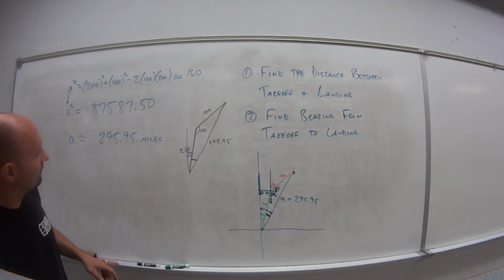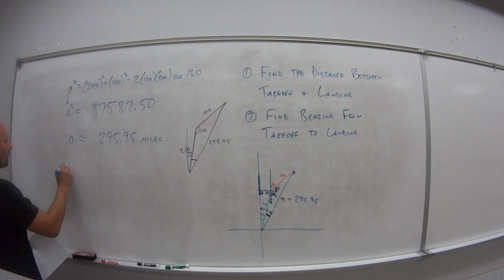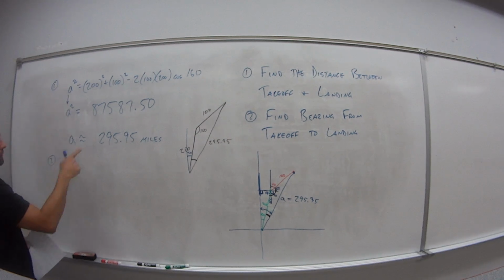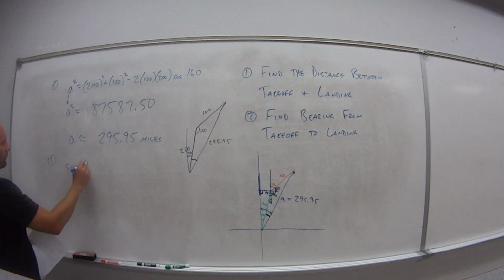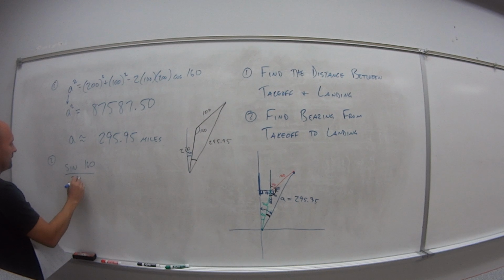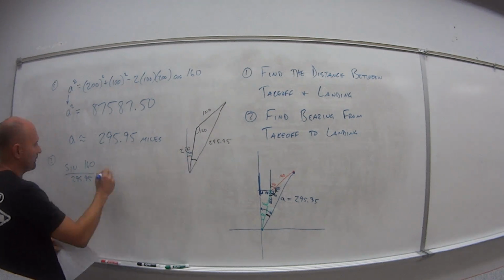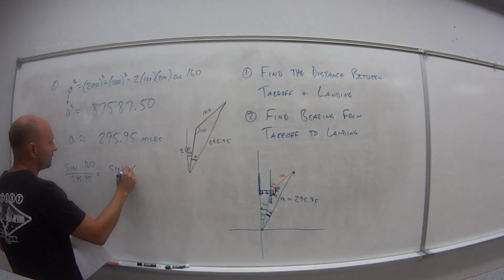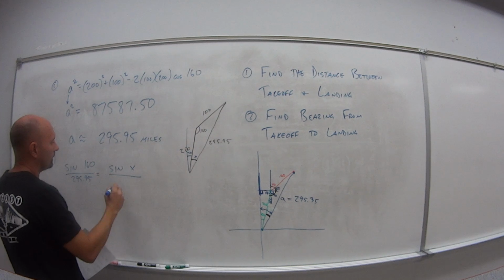So let's do this. Let's set this up. So this was part 1. So part 2, I get what? Sine of 160 over its opposite side, 295.95, is equal to the sine of this angle, let's call it x, over its length.